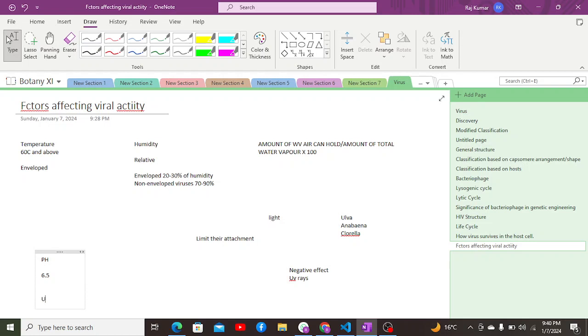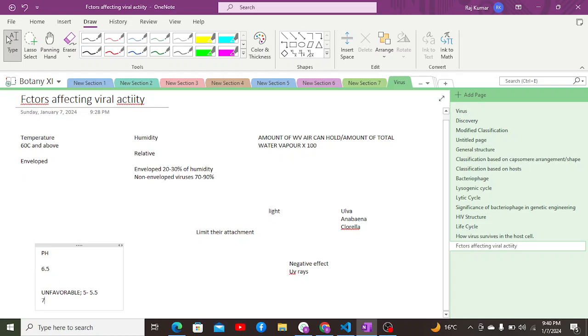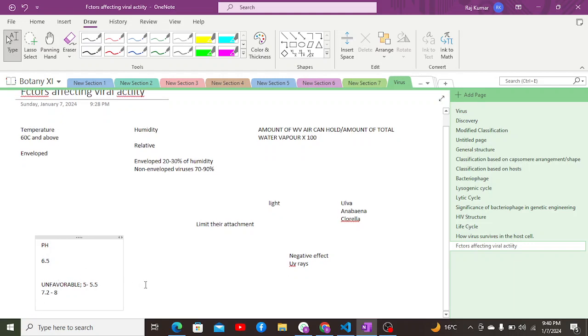But unfavorable pH in which virus cannot survive includes 5 to 5.5, which is an acidic pH, and 7.2 to 8, which is a basic pH. High basic pH can be dangerous for lipid enveloped viruses because high basic pH can lead to hydrolysis of the lipid bilayer, as a result of which it can degrade the enveloped viruses.